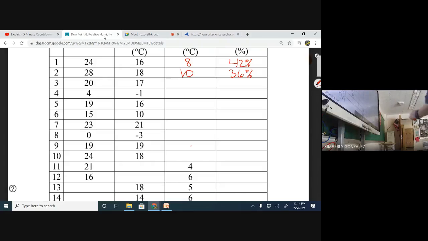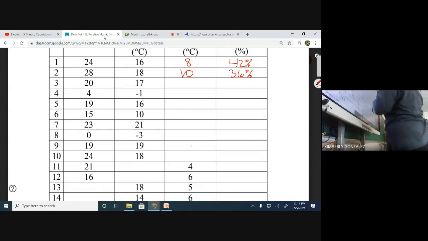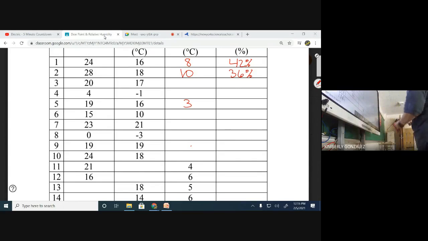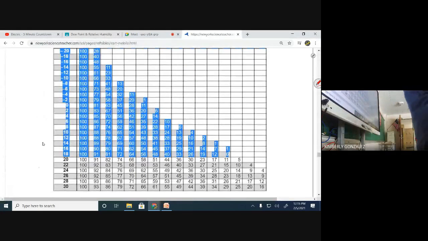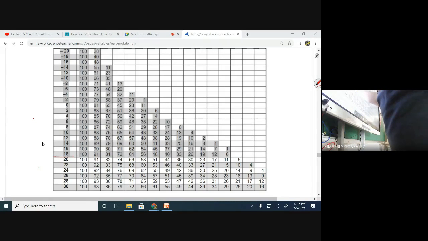What is the difference between 19 and 16 if I was to subtract? 3. Agree or disagree? Agree. Okay, now let's look at our reference table. All of the numbers there for the dry bulb temperature are even numbers. So if it is 19, we're technically talking about right in between 18 and 20.